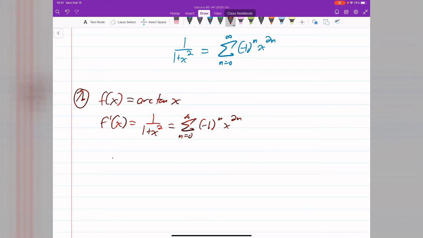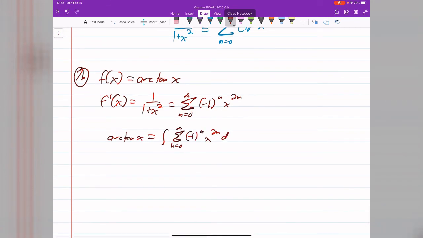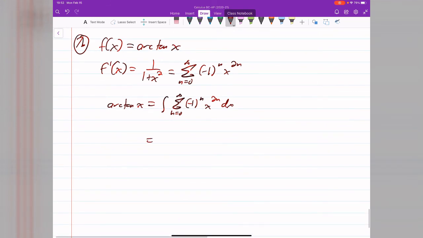Well, the arctangent of x is equal to the integral of 1 over 1 plus x squared, which should be the integral of this power series, the sum from n equals 0 to infinity of -1 to the n x to the 2n dx, which is equal to the sum from n equals 0 to infinity of -1 to the n x to the 2n plus 1 over 2n plus 1 plus a constant.